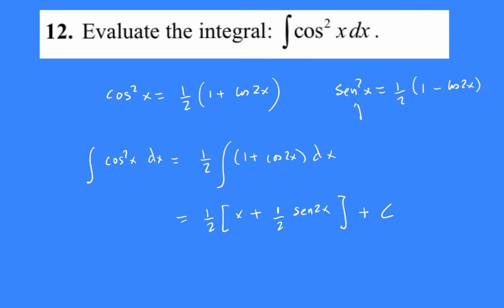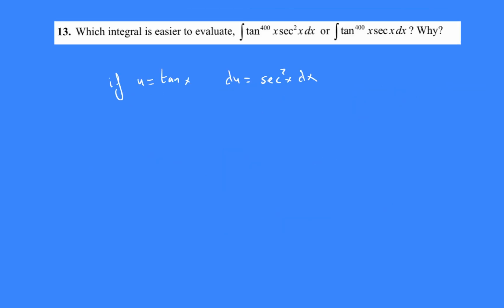If you sum them, it should be 1, because sine square of x plus cosine square of x is 1. There is a positive sign here and a negative sign here, so it will be 1/2 plus 1/2, which is 1. If the integral they ask is sine square of x dx, you will use this relation to solve it. Okay, now let's go to the last one.